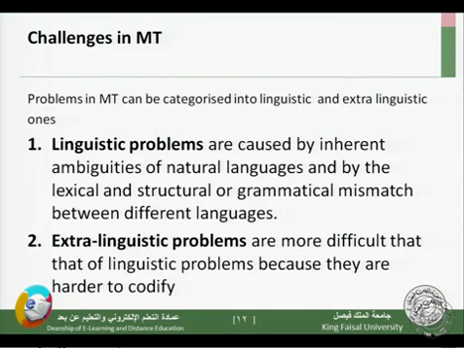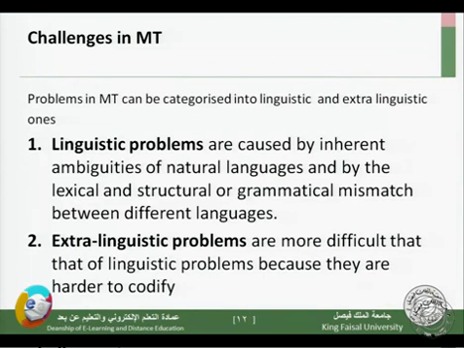Now, the second one, which is the most difficult one, is called extra linguistic problems. Extra linguistic problems are more difficult than that of linguistic problems because they are harder to codify.